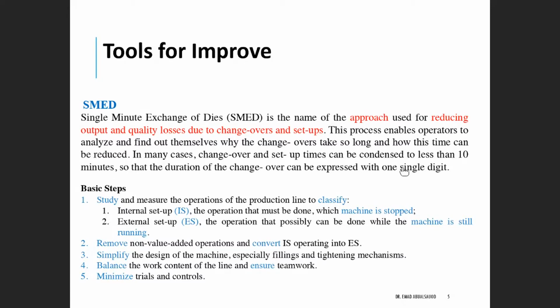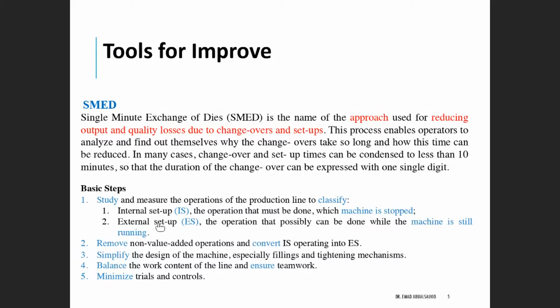The setup time and the changeover are classified into two classifications. The first one is called the internal setup, and the second one is called the external setup. The difference between them is that the internal setup is the changes that need to be done in the equipment or in the software application you have while the machine is off or while the website is down.